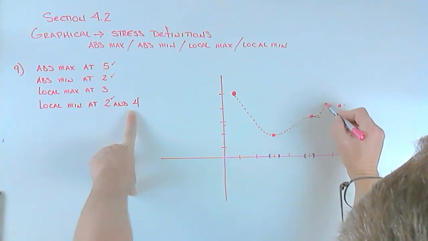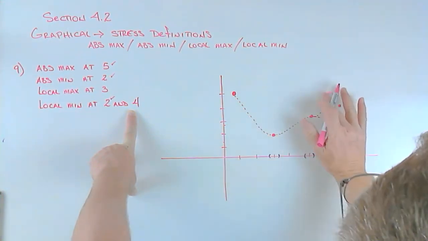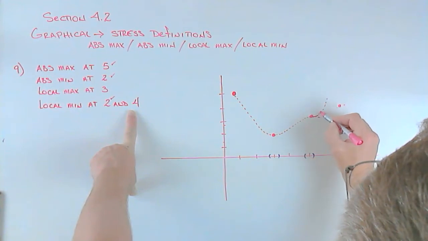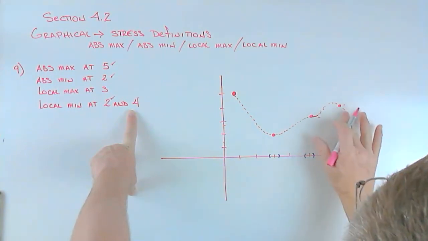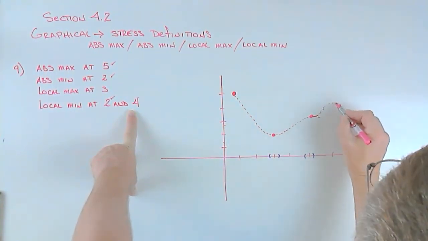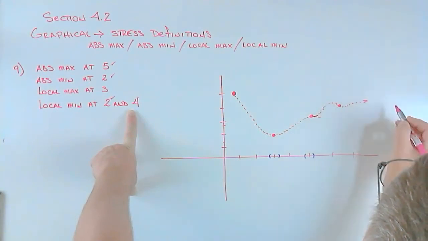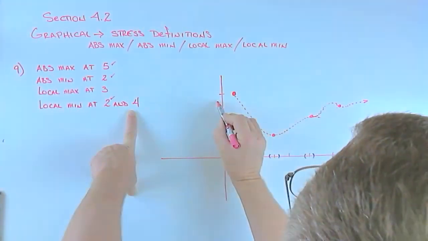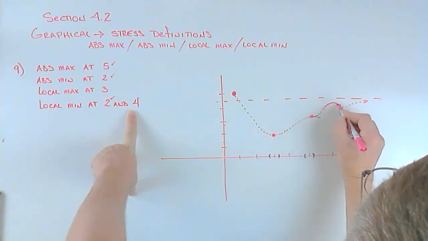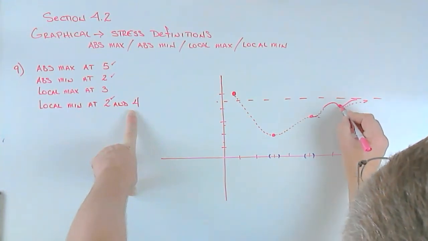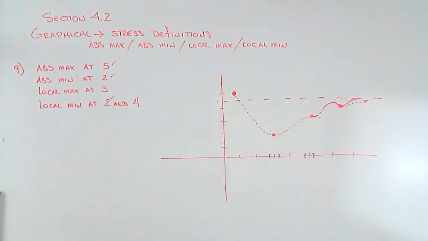So my graph could come up, turn, can't get above 5, right? And go back down. And now I need this to be a local min. So I'll make my graph have a horizontal asymptote here at 4.5. And now our graph has a local min at 4. So they want us to learn our definitions, right? That's what these graphical problems are about.